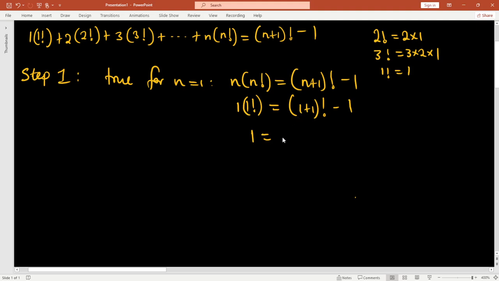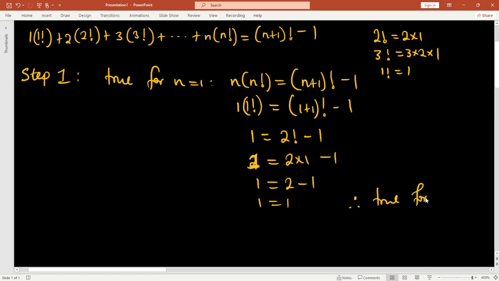Then this side here, we're going to have 2 factorial minus 1. Now, remember 2 factorial is just 2 times 1. So we have 1 equal to 2 times 1 minus 1. We have 1 equal to 2 minus 1. We have 1 equal to 1 here. So therefore, this is true for n equal to 1.